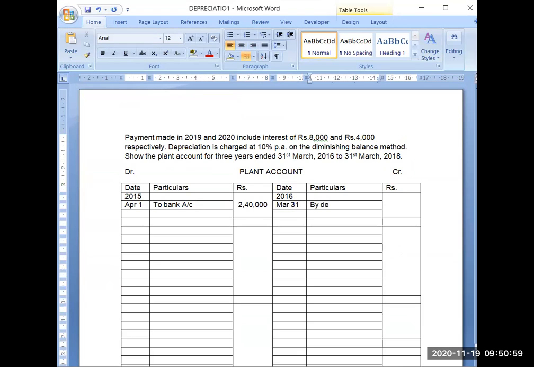By depreciation account. Now the rate of depreciation is 10% and we have to charge depreciation for 1 year. So it will be 24,000. By balance carried down.